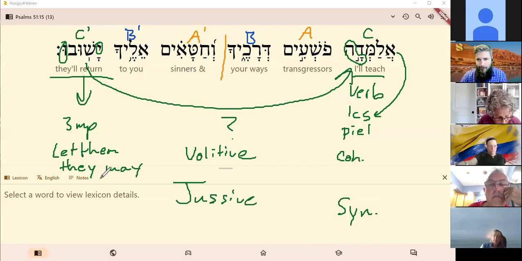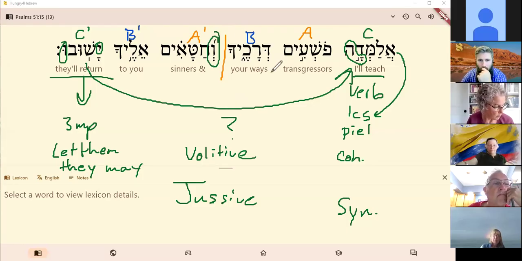I was just thinking that if it's an if-then thing, like may I do this, then this will happen. There's nothing to say that, but my feeling is that it's not jussive. It just has a feel of may I do this, and then this will happen. Good. It will come. Right.